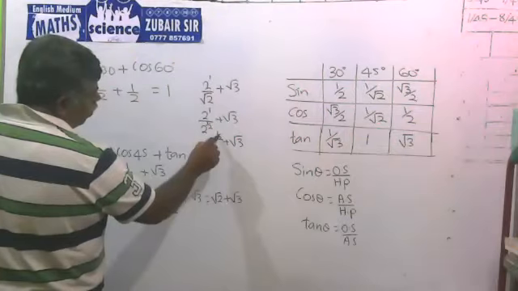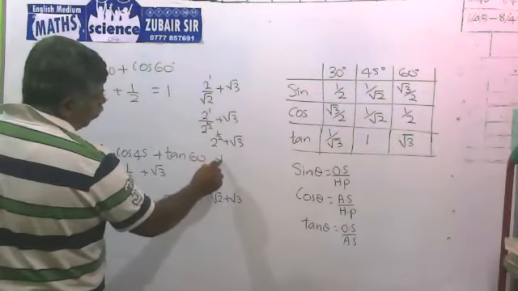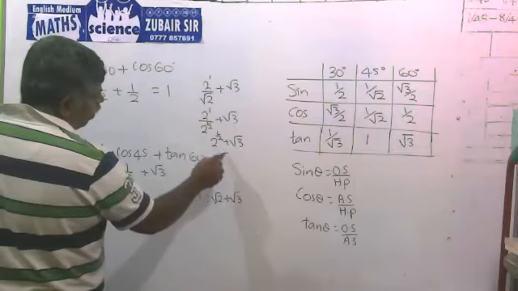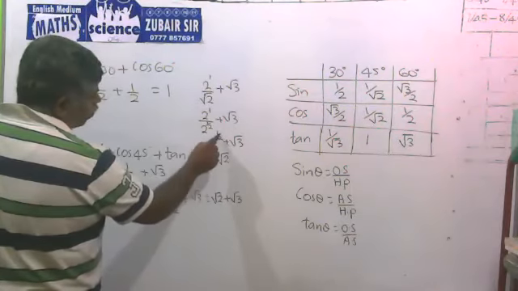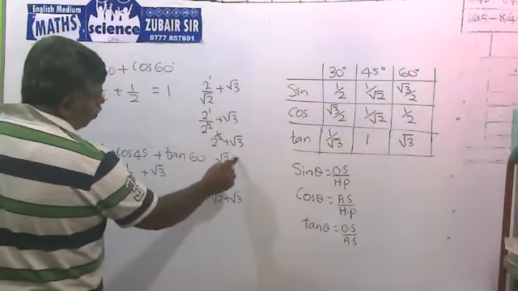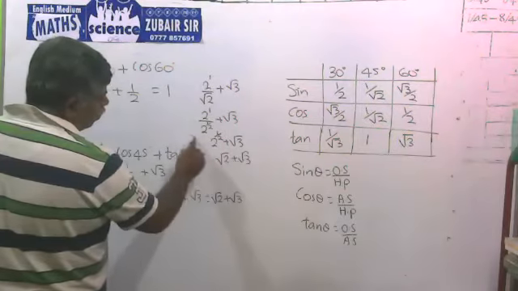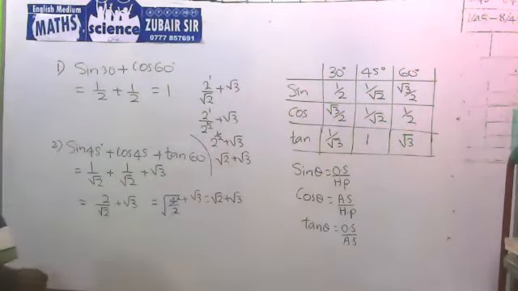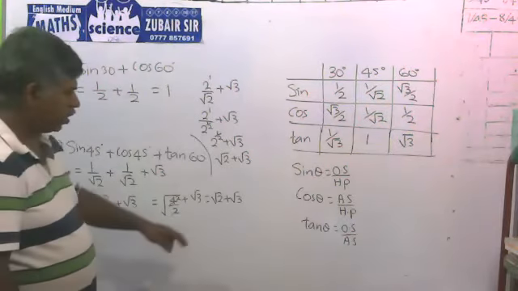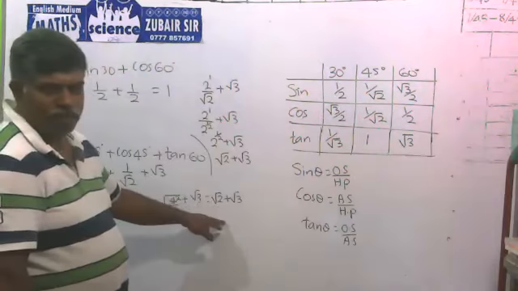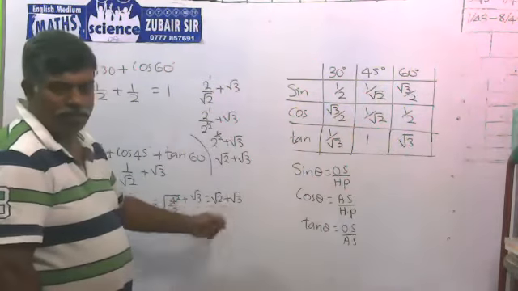Then 2 to the power half plus root 3. Root 2 to the power half means that is only root 2. For square root only we are saying power half, plus root 3. So you can't simplify further. You want to find one answer, you can write the decimal value of this and decimal value of this and add.